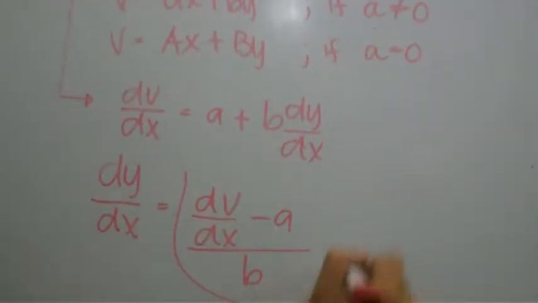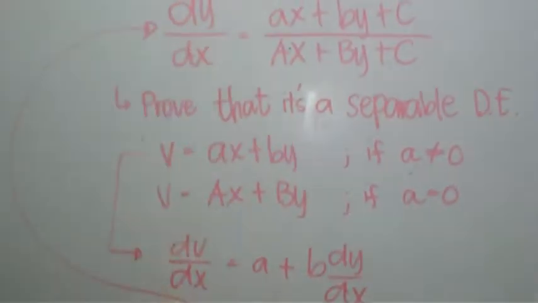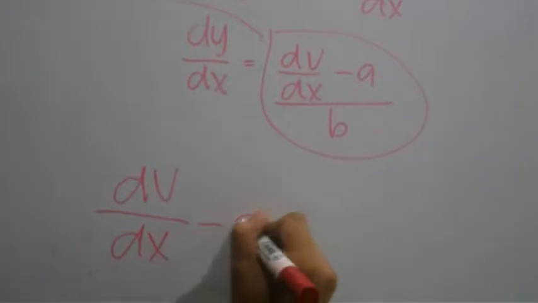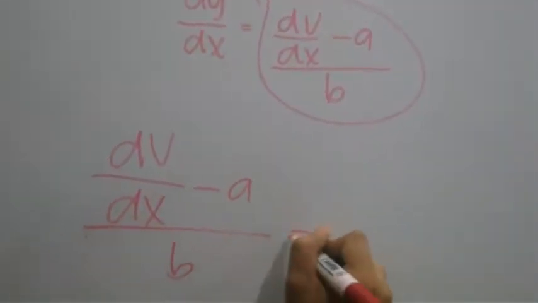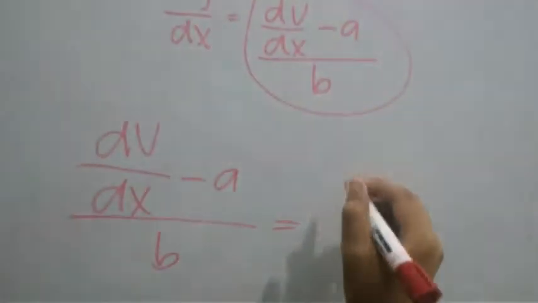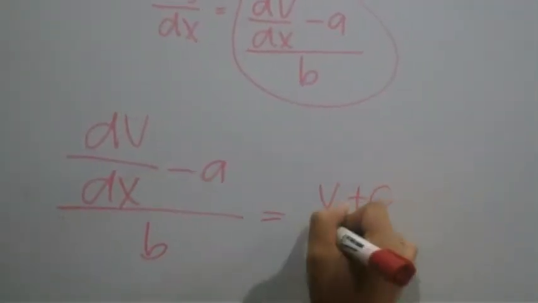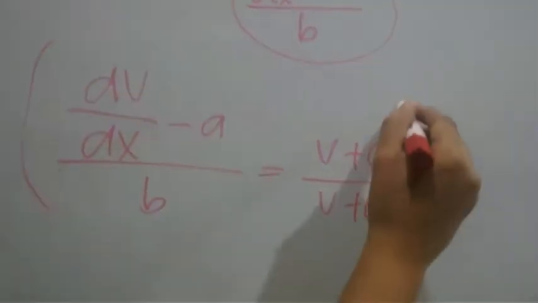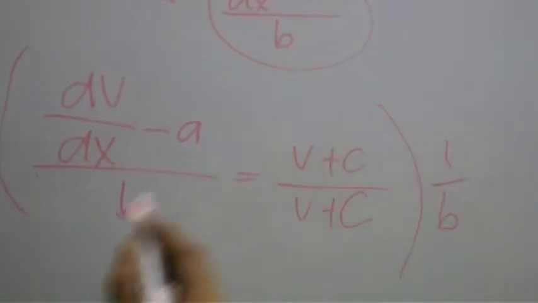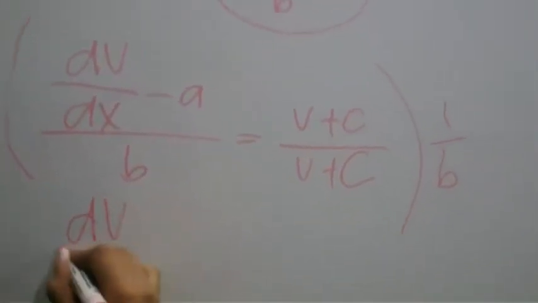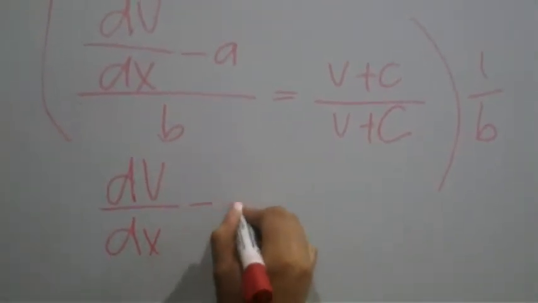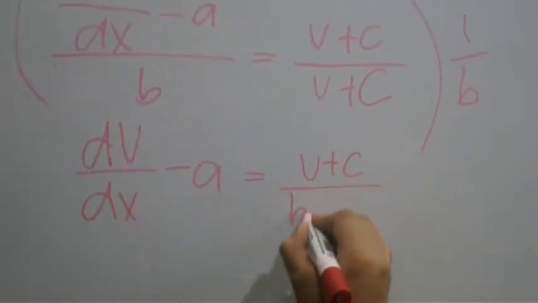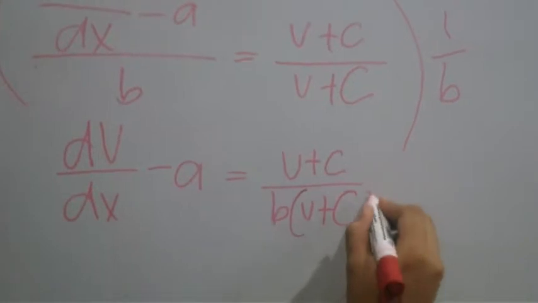Substituting this value to this equation, now we have dv over dx minus a, all over b, is equal to, ax plus by is v, v plus lowercase c over v plus uppercase C. Now, multiplying both sides by 1 over b, we have dv over dx minus a is equal to b times (v plus lowercase c) over (v plus uppercase C).